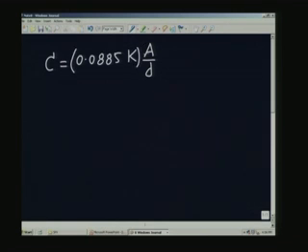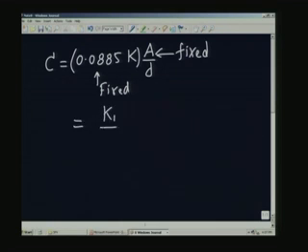Once the area is chosen, because in the case of the pressure gauge, area is fixed, this is fixed. So, we will in other words say that C is equal to some K1 divided by D, because all of these are constant. So, 0.0885 capital K multiplied by A I can call as K1, therefore, this becomes C equal to K1 by D.